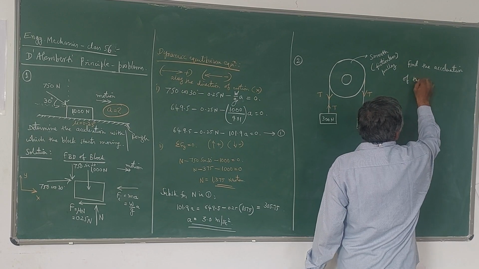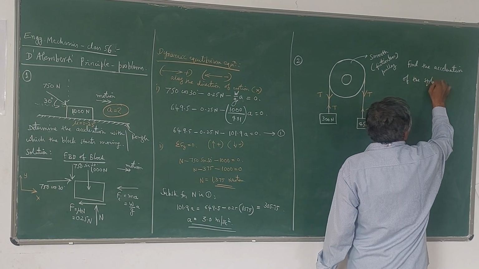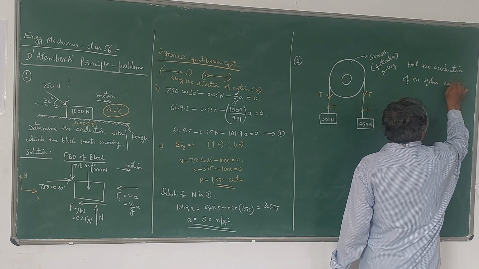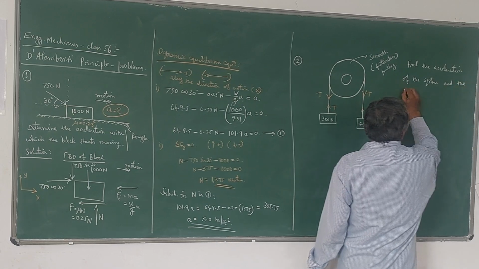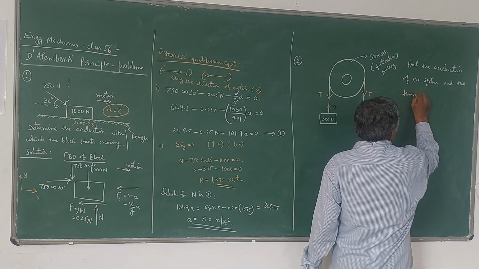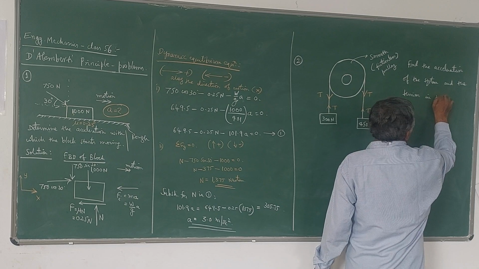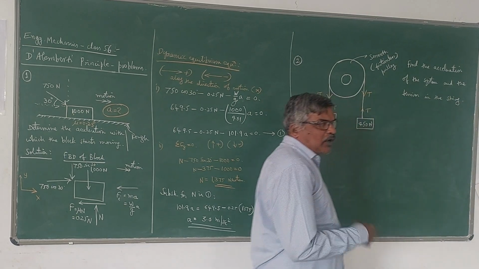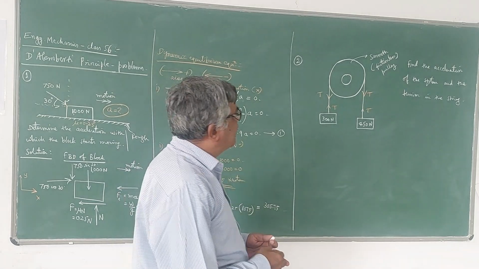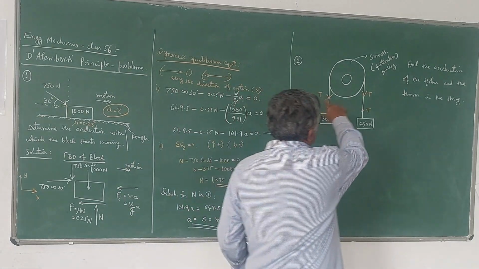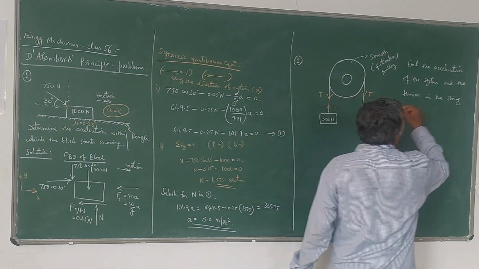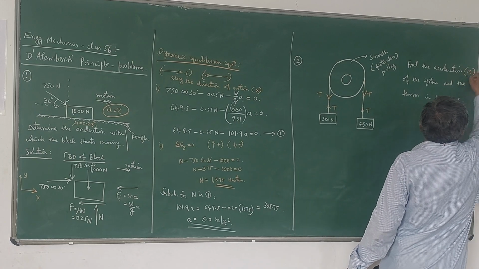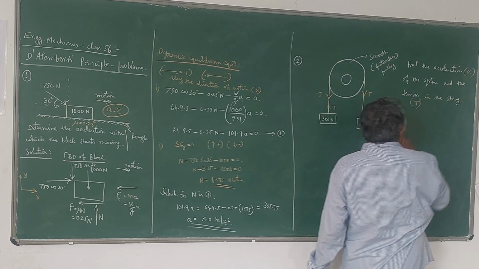System means both the blocks together is called a system, and the tension in the spring. Since, as I already told, it is a frictionless pulley, the tension will be the same on both sides of the pulley. So A we have to find out, T we have to find out.